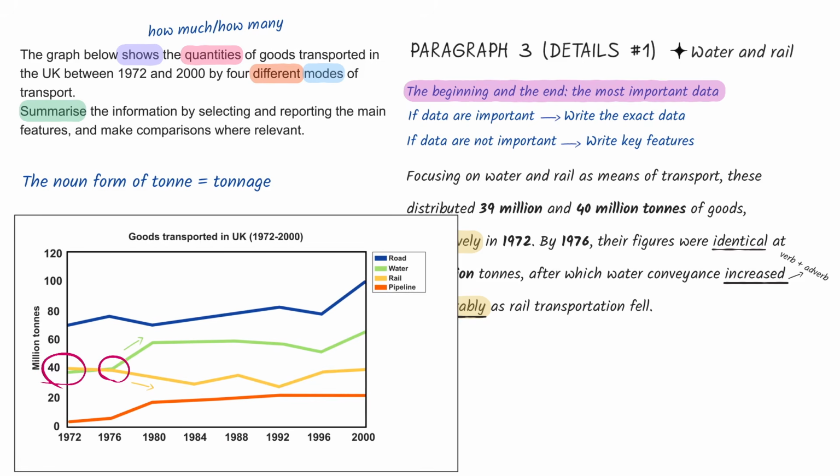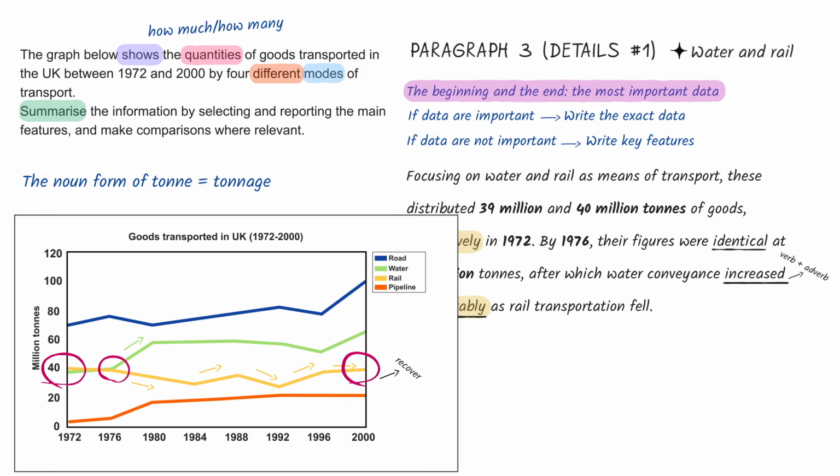As you can see, rail, which is the yellow line, in 2000 is the same as the beginning. Although there were some fluctuations, at the end, the ending point is the same as the beginning point. So the word that we can use here for this type of data is "recover."